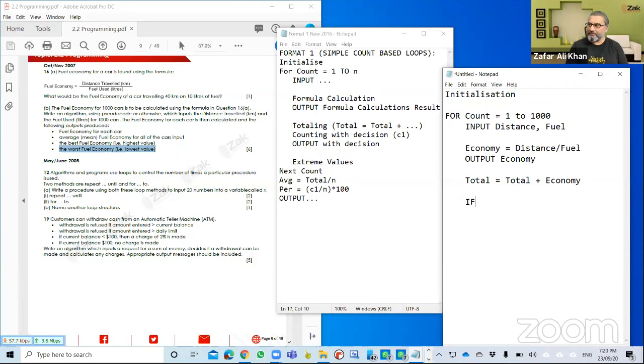So, if economy is greater than highest, then highest is equal to economy.